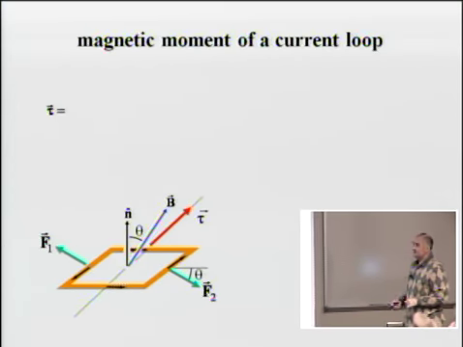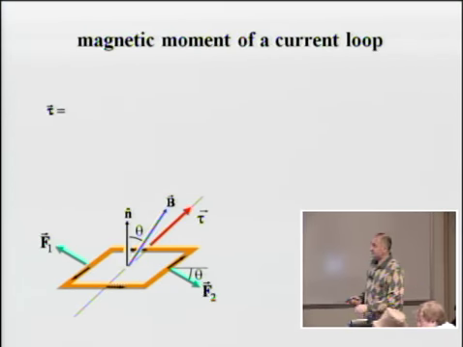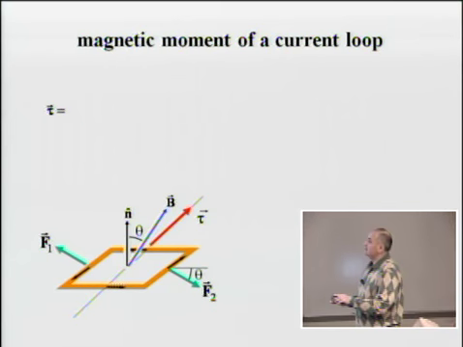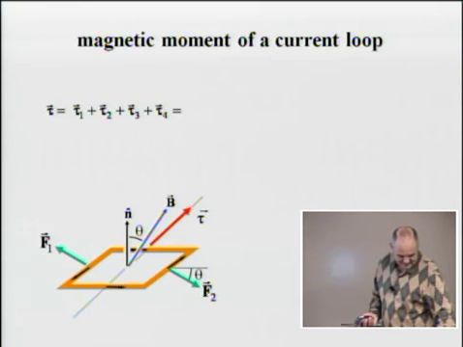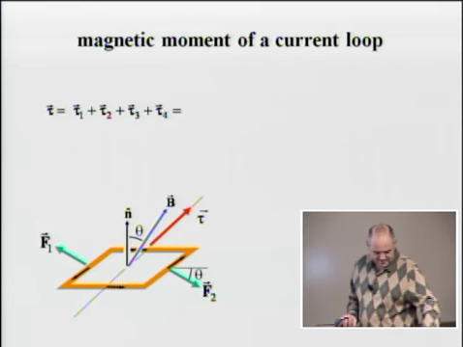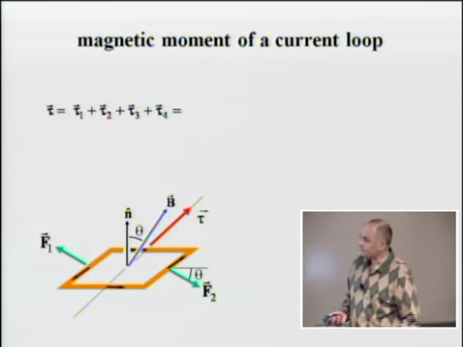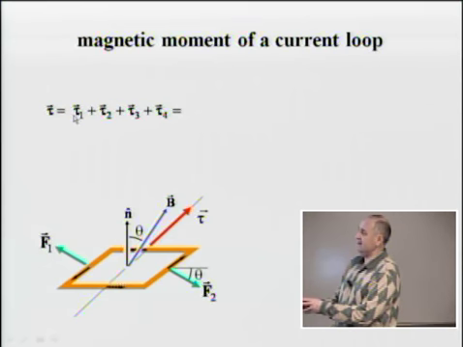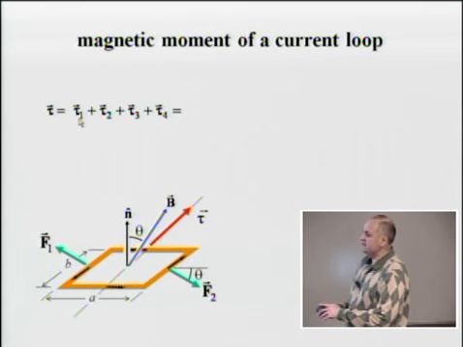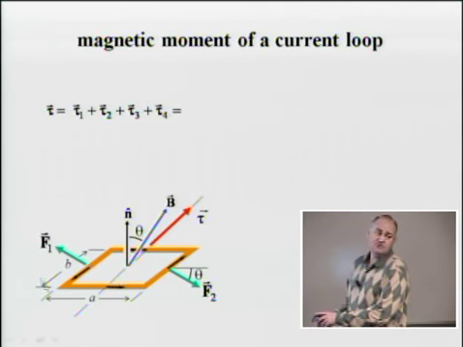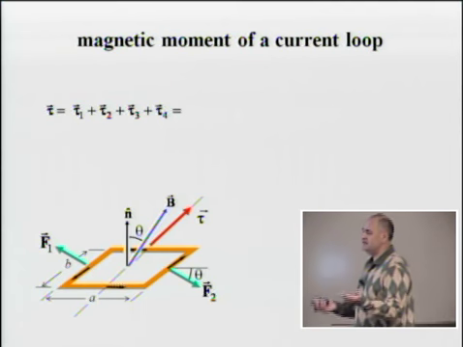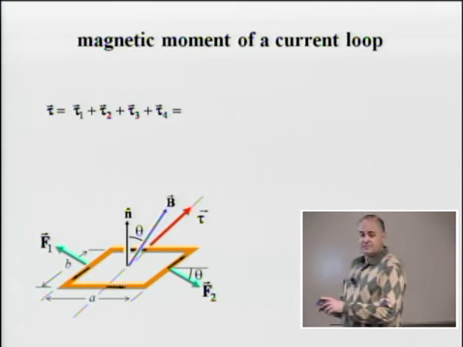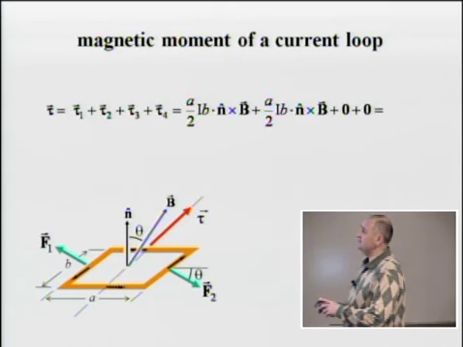Let's be a little bit more formal and evaluate the value of this torque. Well, I have torques resulting from four sides. We figured out that two of them are 0. The other two will depend on the dimensions of the loop and the value of the current and the value of the magnetic field vector.